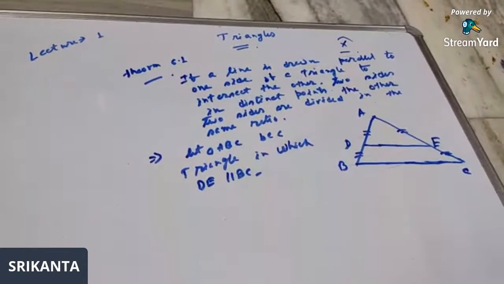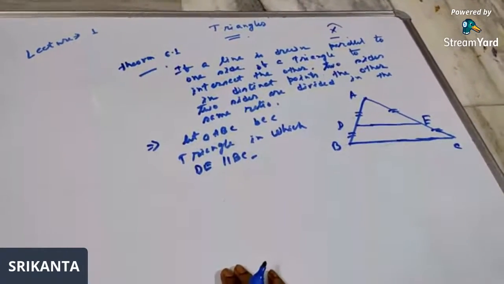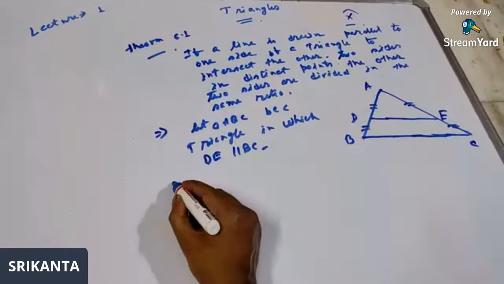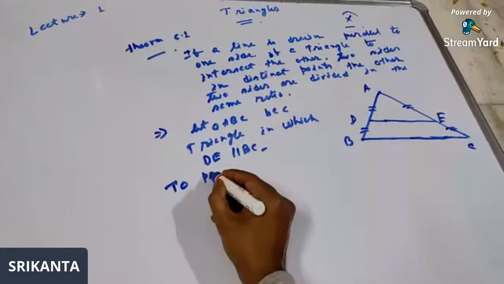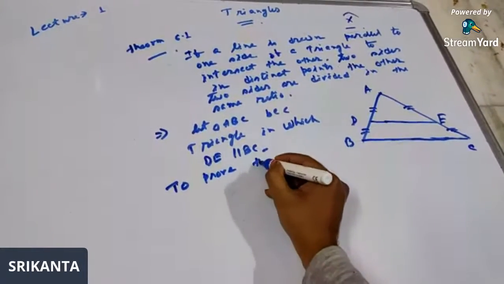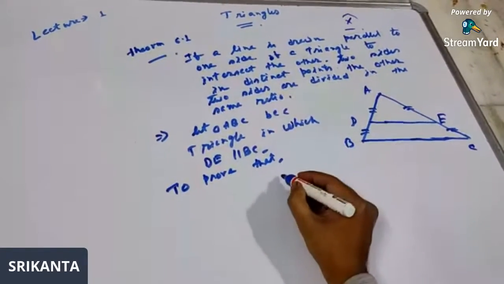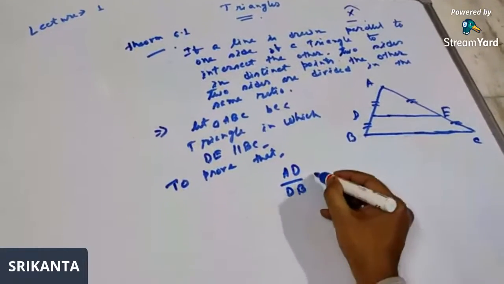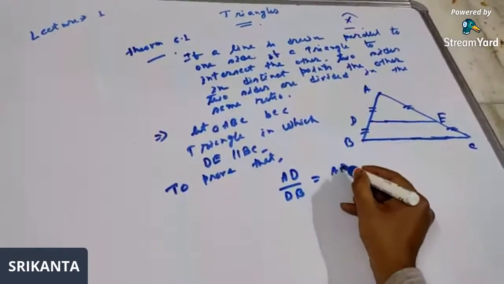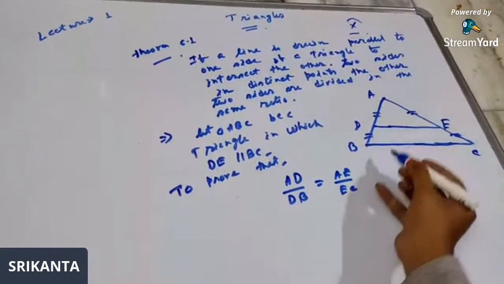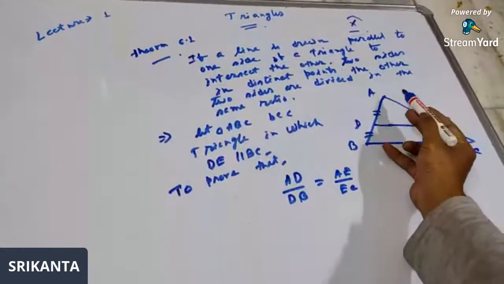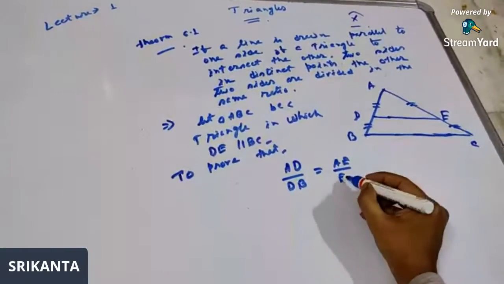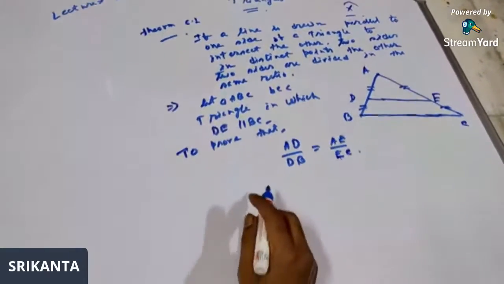What we need to prove is that AD by DB is equal to AE by EC. Clear? That we need to prove.